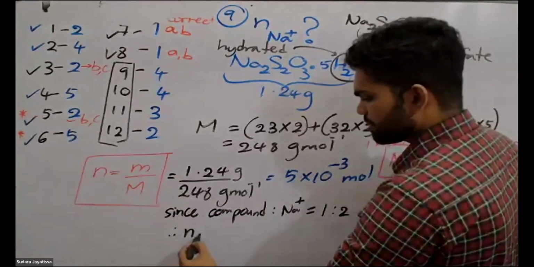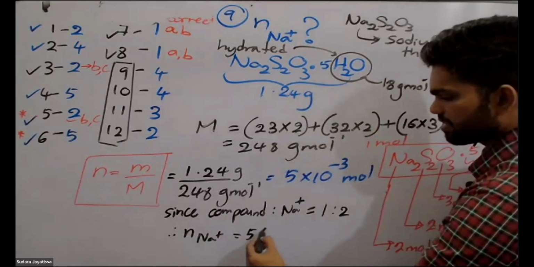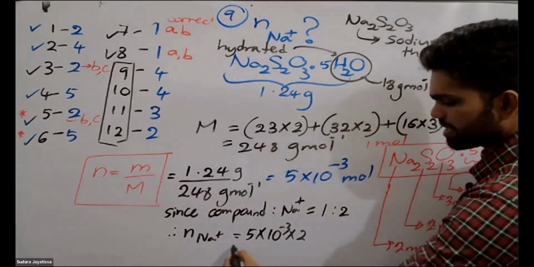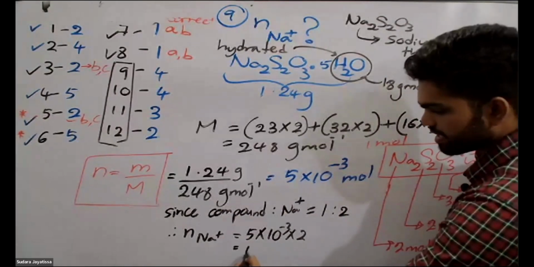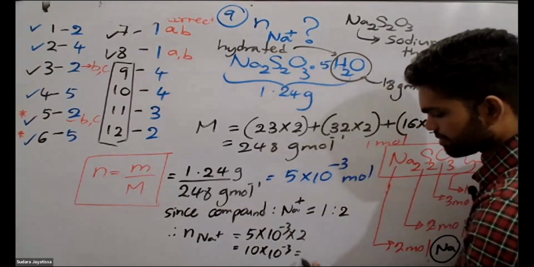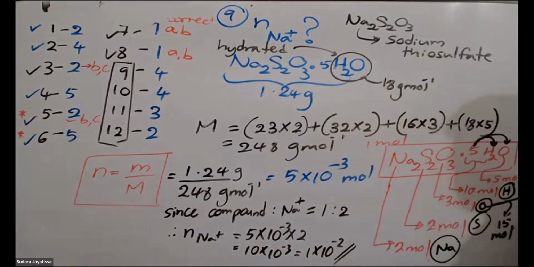We can say moles of sodium is 2 times the number of moles of the compound, right? That means 10 into 10 to the power minus 3, that means 1 into 10 to the power minus 2. That's our answer in moles. In the answers, they haven't given the units because they are asking how many moles there are. You just say 10 to the power minus 2.